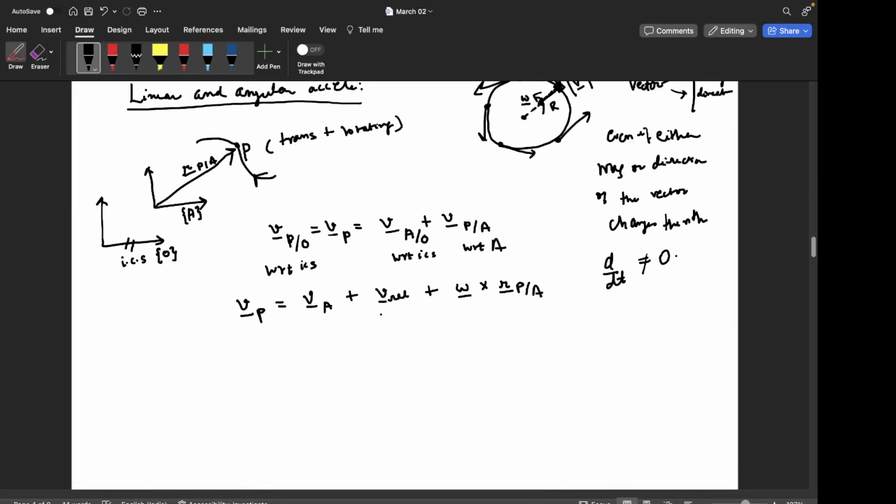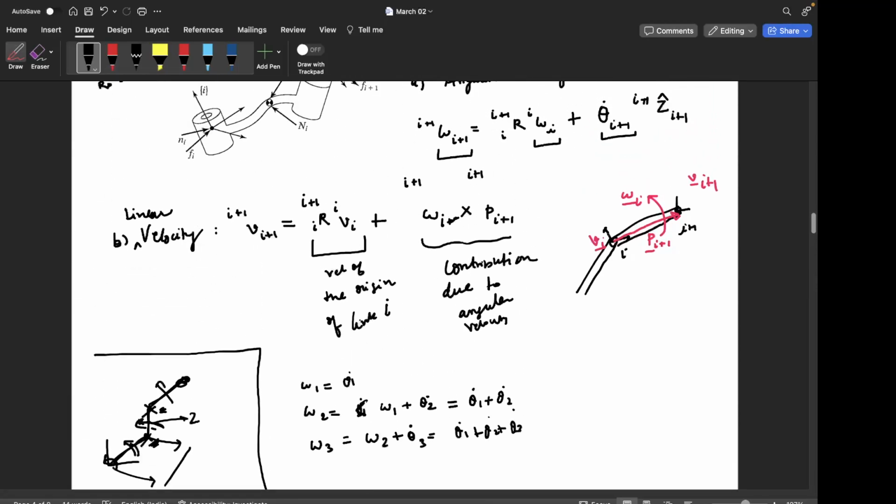Yeah, so that's why this Vrel term is not there, because in frame i, the magnitude of the position vector to i plus 1 is not changing, since those are two points on the same body. The link is not getting elongated or shortened, so the distance between i and i plus 1 is the same.